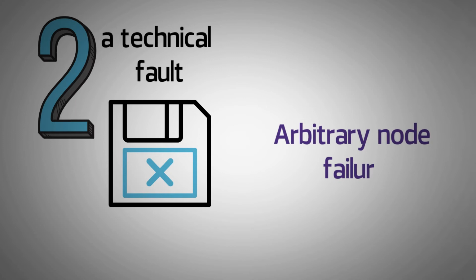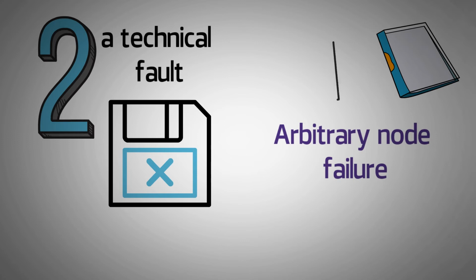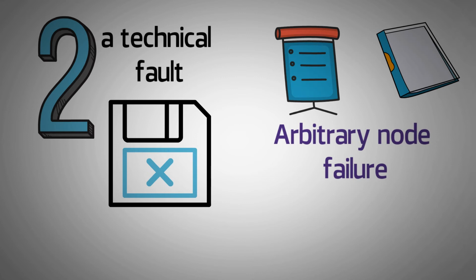There are two different types of Byzantine failures, one of which might turn out to be a technical fault. Sometimes a node could stop responding or even stop working at all, which would ultimately impact its functionality. The second type of Byzantine failure is known as an arbitrary node failure. In this case, a node could fail to return any results, provide incorrect responses, respond by deliberately misleading answers, or provide different results for a single query and send them to different components of the system.